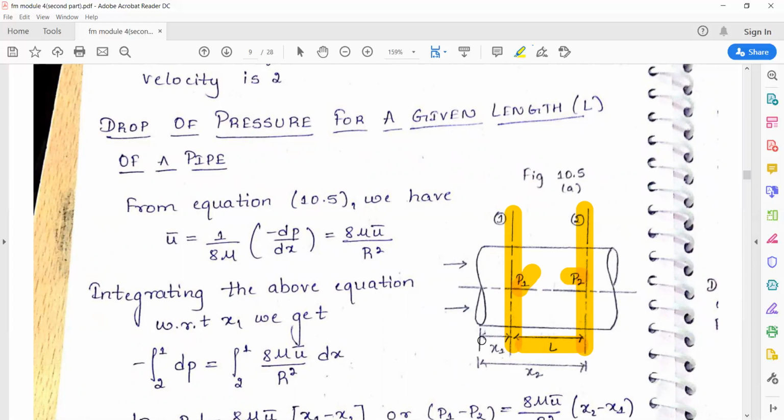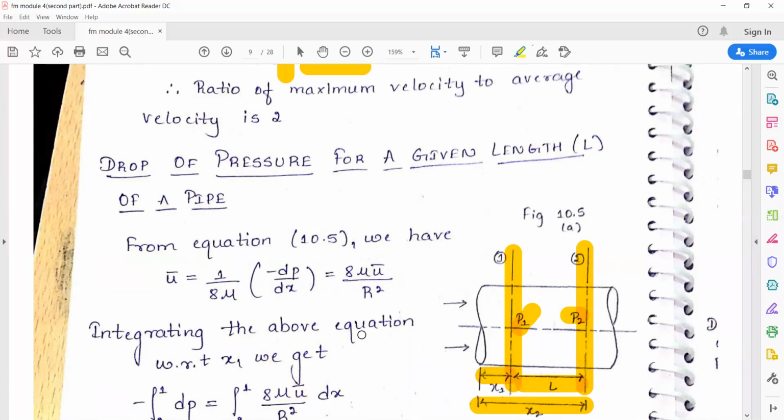Section 1 is at a distance of X1 from one end of the pipe, and section 2 is at a distance of X2 from the same end. So X2 minus X1 gives you the distance between the two sections, that is L. X2 minus X1 is equal to L.